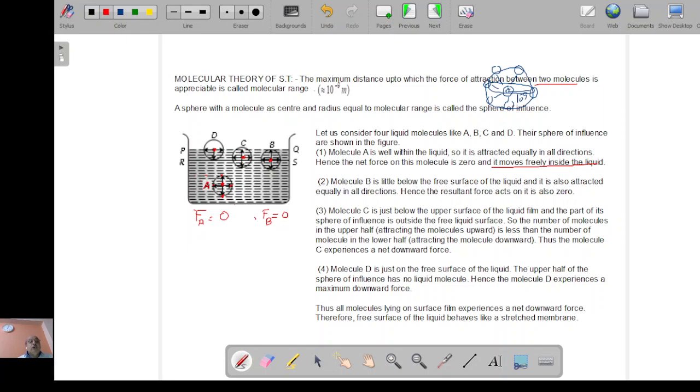Now if we consider the molecule C, this is the surface, and here is the molecule C. This molecule C will make the sphere of influence like this one. The forces on this molecule C will be like this.